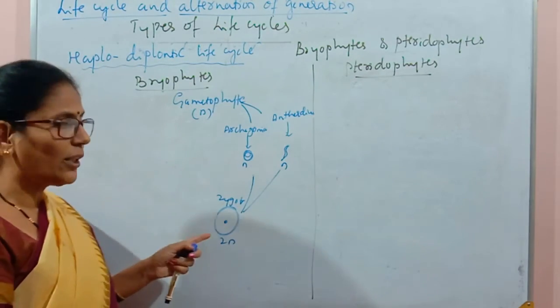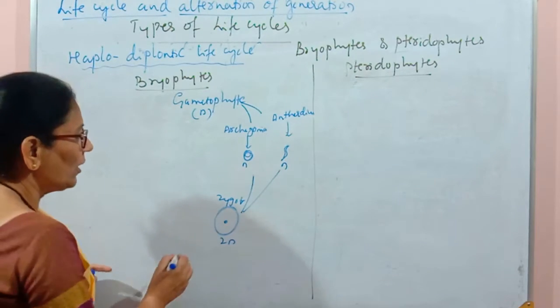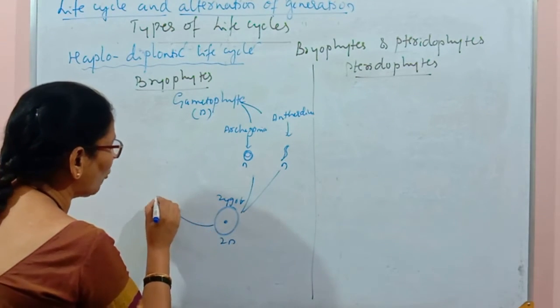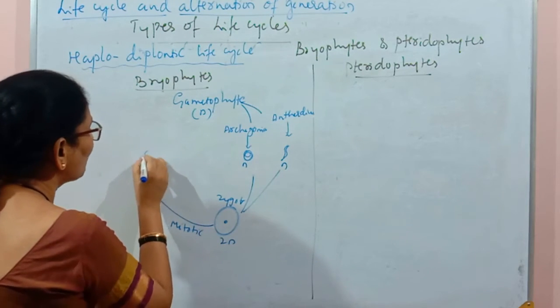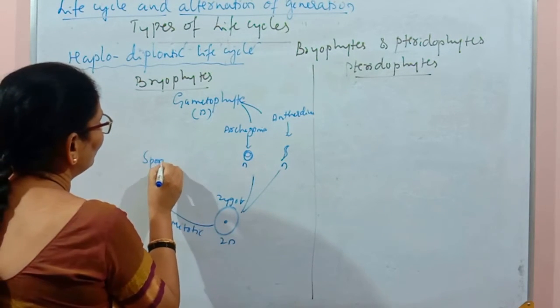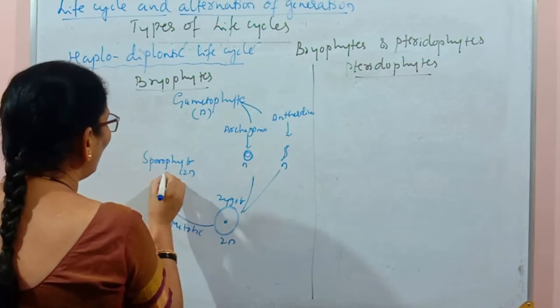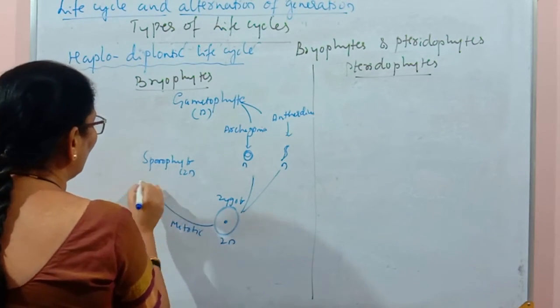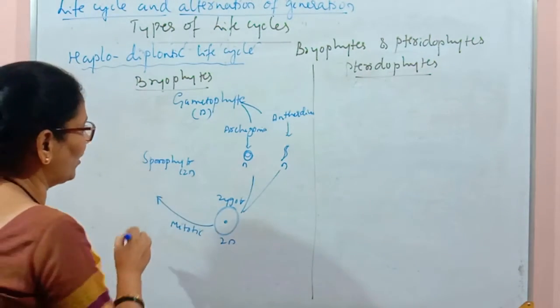Here the zygote does not immediately undergo meiosis. It first undergoes mitotic division and produces the sporophyte, which is diploid. This sporophyte is dependent on the gametophyte.